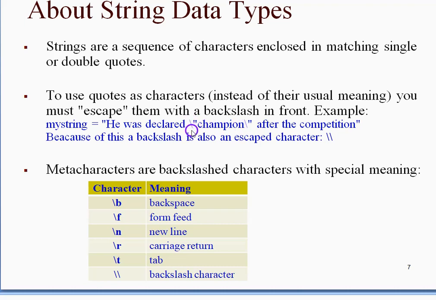If you did not have the backslash, then this quote would terminate this quote, and this quote would be the beginning of another quotation that would be terminated over here. And so an interpreter that is trying to interpret this will understand that you have a variable here that you want to be assigned to the value he was declared.